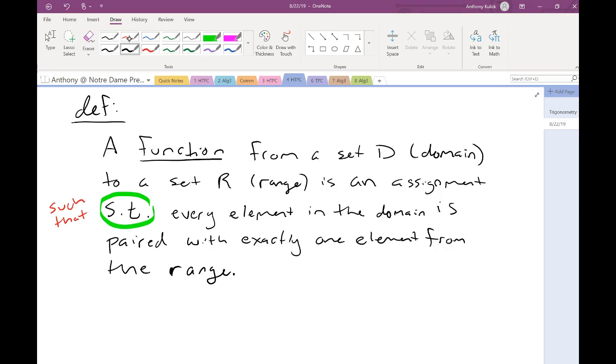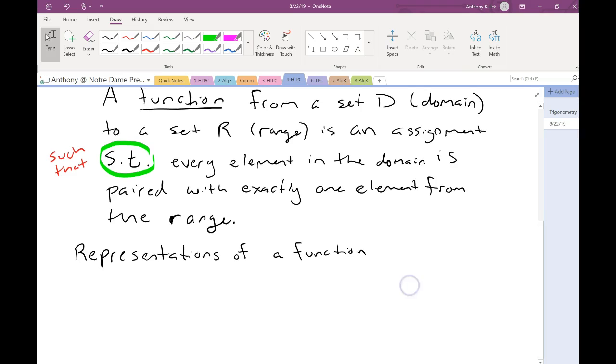So there's a few different ways that we can represent a function. Does anybody remember any of these different ways that we represented a function?